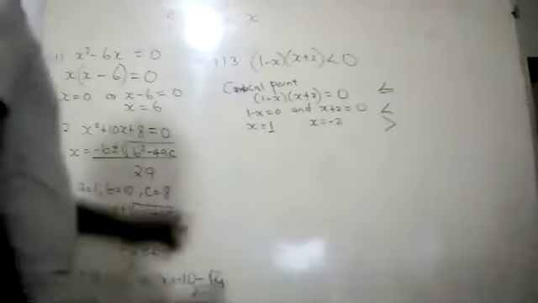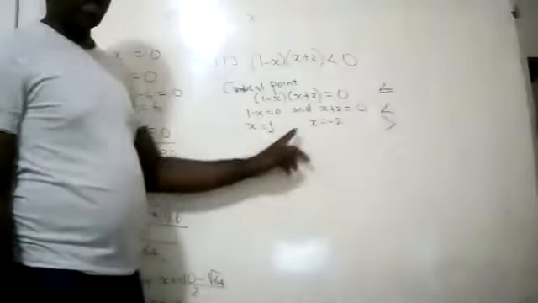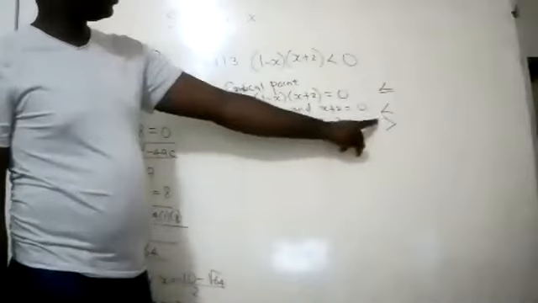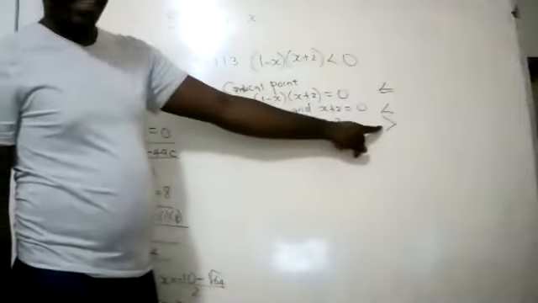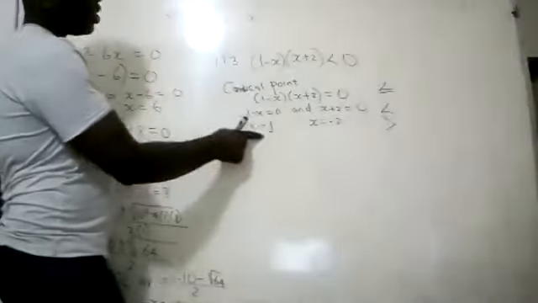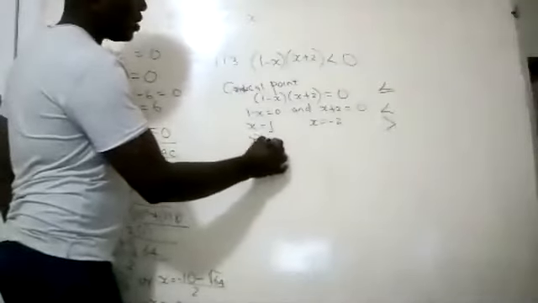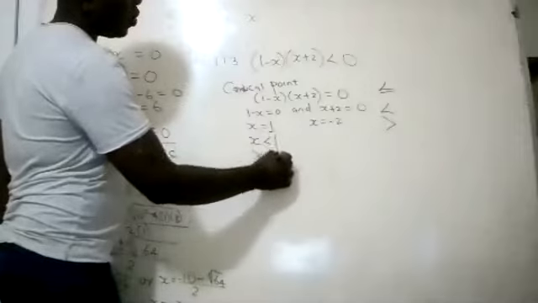I was explaining here that we have two critical points, and on these two critical points, we must test the two inequalities: the inequality of less than sign and the inequality of greater than sign. So when we test the inequality on these critical points, we're going to have x less than 1, and again x greater than 1.